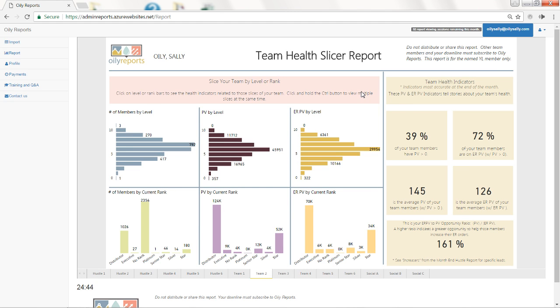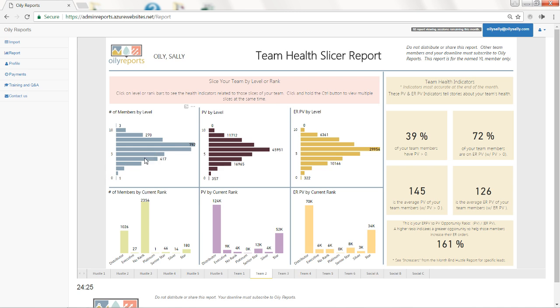On the team health slicer report, I typically like looking at how far out the team grows by number of members, by PV, or by ERPV, and to look where there might be weakness coming in.